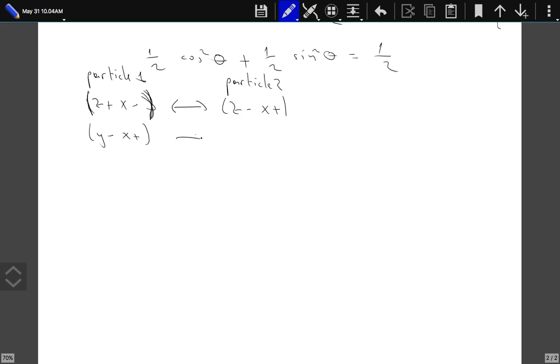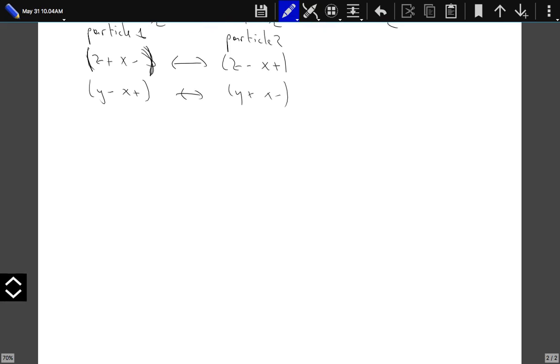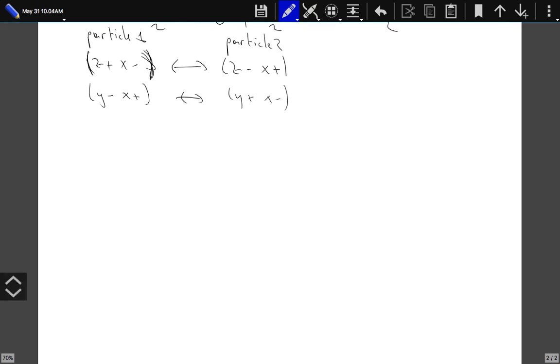This should be paired with the second particle, Y plus, X minus, so that the total will be spin 0. Now the fun kind of begins when you have 3 axes, A, B, and C.